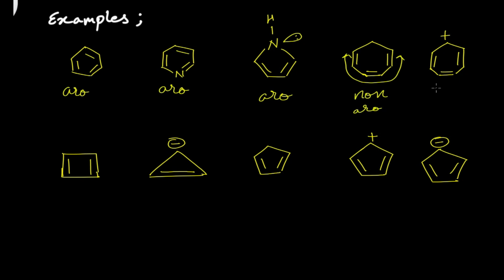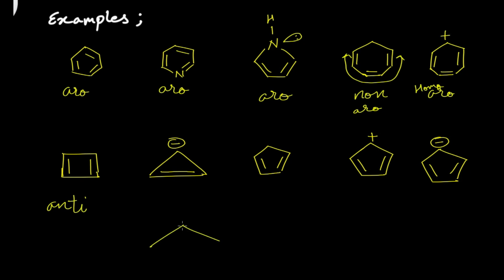Again look at this next example. We have done this. Since there is a positive charge, this is also aromatic, or you can say homoaromatic, right? Now this is anti-aromatic, we have discussed. Look at this one. How many electrons are there? Now this negative charge means there are electrons in this orbital.